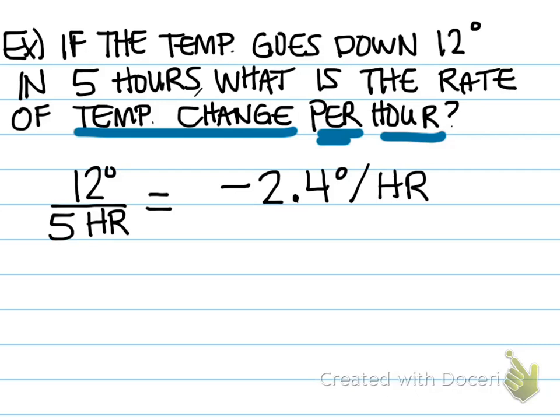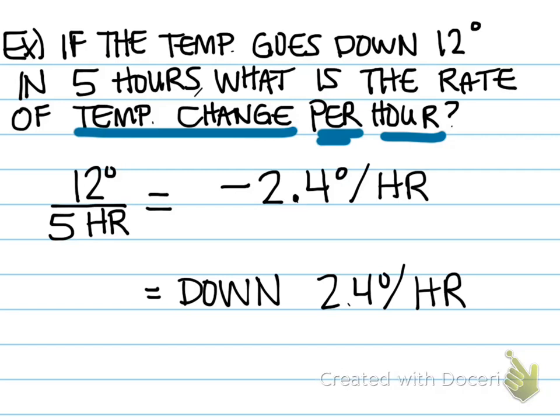Or we can say that it went down 2.4 degrees per hour. Okay, so we can either use the word down, or we can use the negative to refer to the fact that the temperature is dropping in some way. So that's how we can use some negatives in the rates as well.